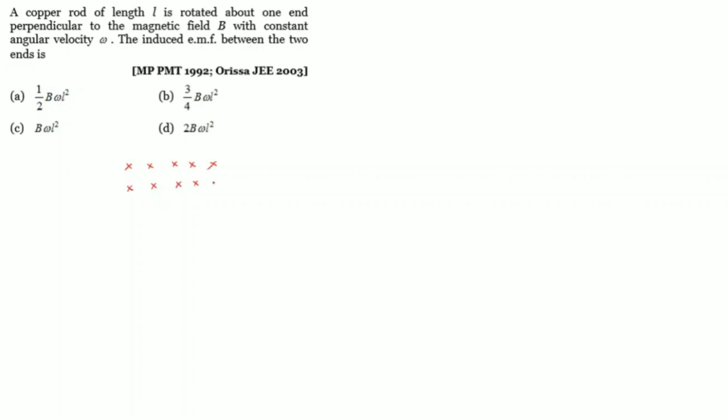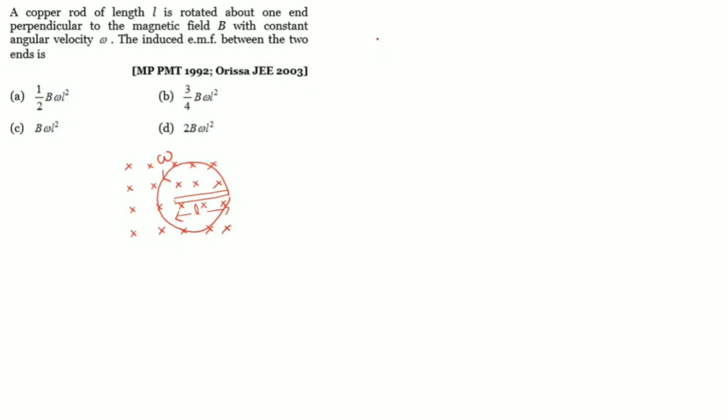In this uniform magnetic field, they are going to keep a copper rod which is having length L. Let us consider this is a copper rod having length L, and it is moving with constant angular velocity omega. Here we have to calculate induced EMF between the two ends.